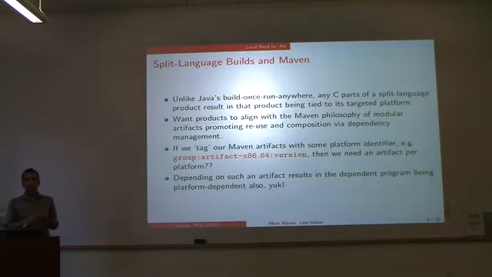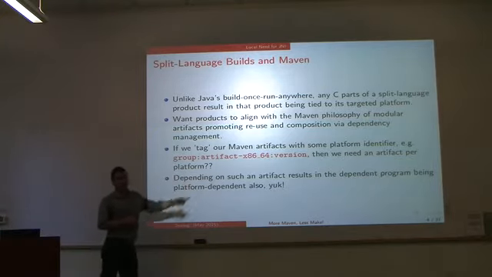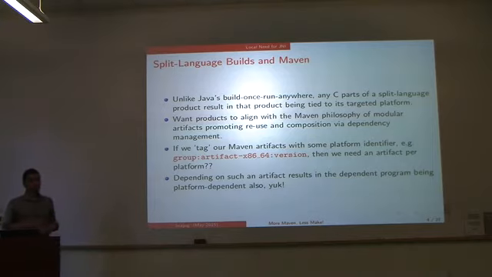It'll run on one OS, and it'll run on either 64 or 32-bit, but it won't run anywhere. So that's what I did. I was trying to tag my jars, my Maven artifacts, with the identification of the C part of it.